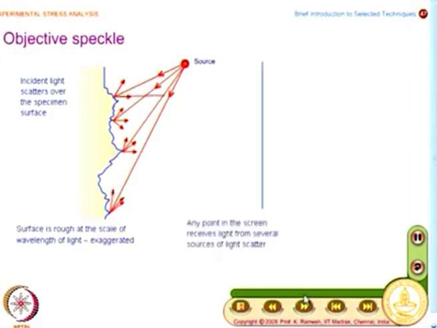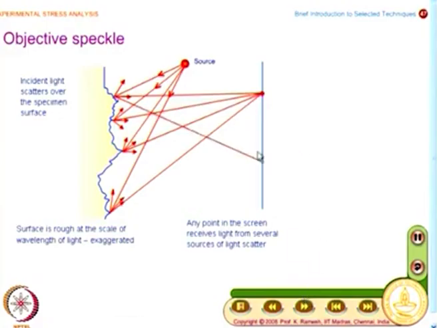Because if you understand this, then your appreciation of speckle methods becomes a lot clearer. So, I have a dark fringe formed, I have a bright fringe formed, and I get light from all points of scatter, and the points are summed one after another.